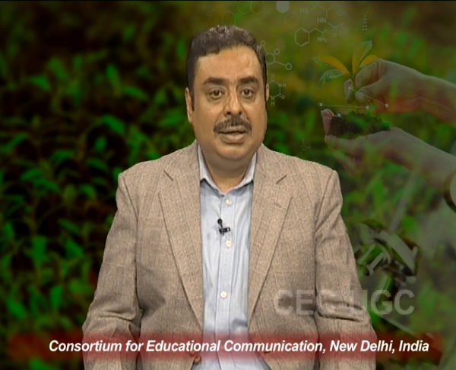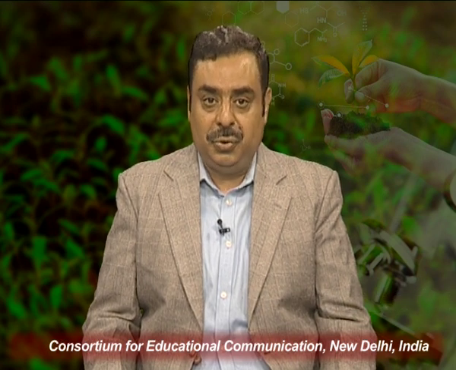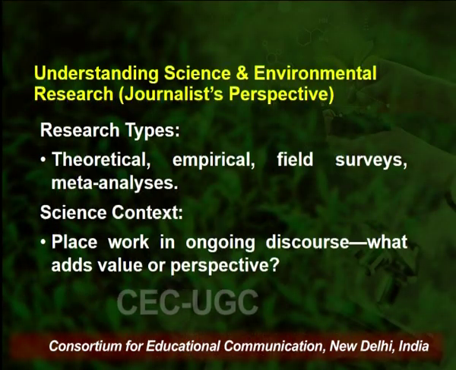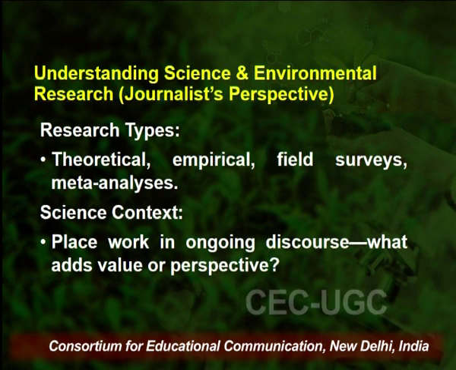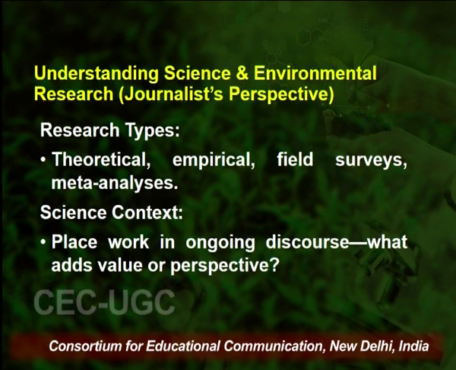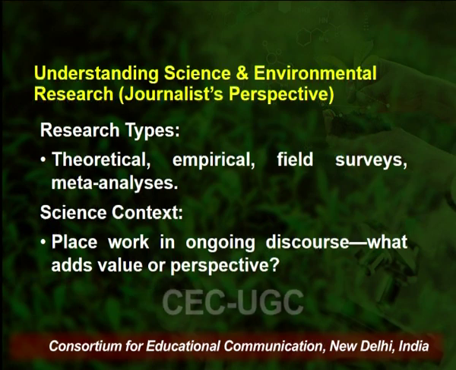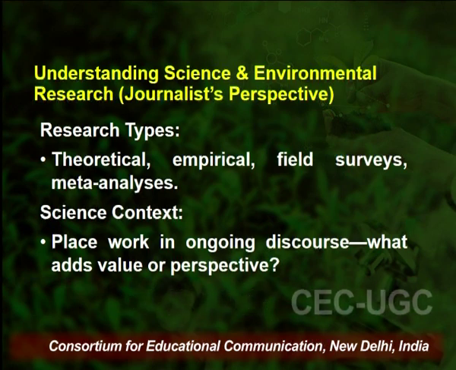And understand the research types also, like whether it is theoretical research, empirical research, field survey or meta-analysis. And the science context: place the work in ongoing discourse, and ask what it adds in value or perspective.